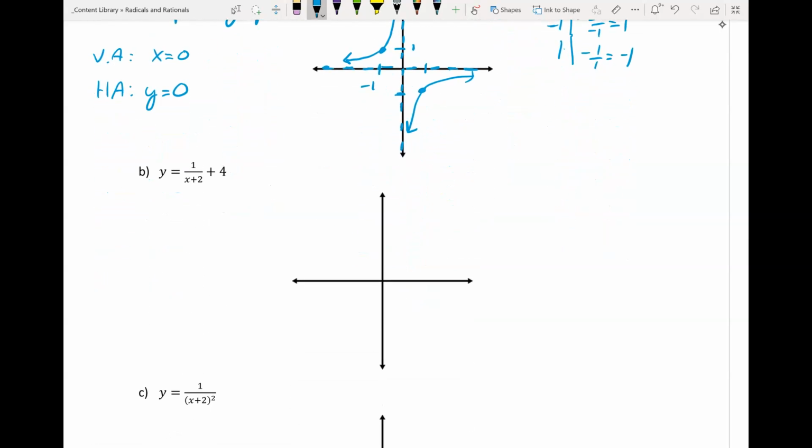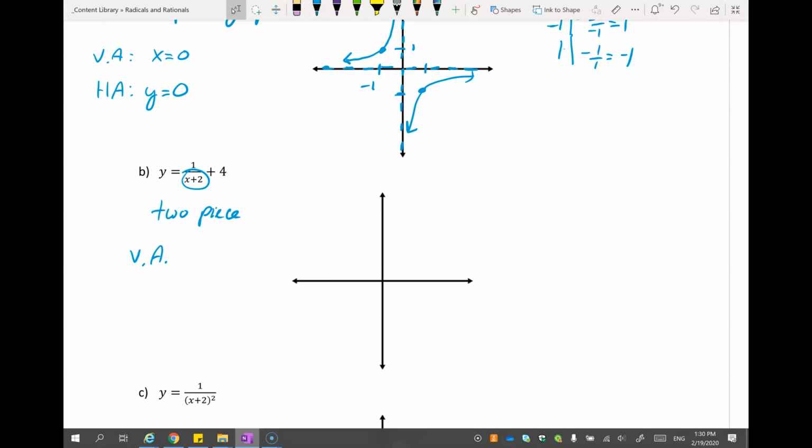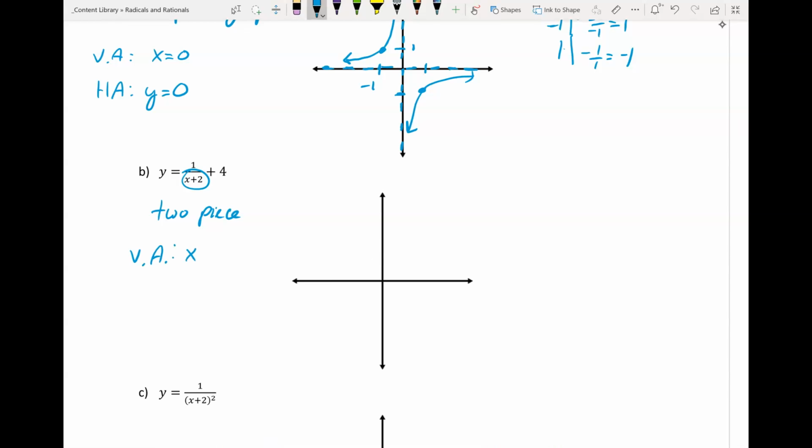This next graph, if you take a look at all your other graphs on page 4, it's most similar to your two-piece graph. The only difference is that we moved our horizontal asymptote and our vertical asymptote. So in this case, we're going to have a problem in our denominator if x is equal to negative 2. So that is where our VA is, x equals negative 2.